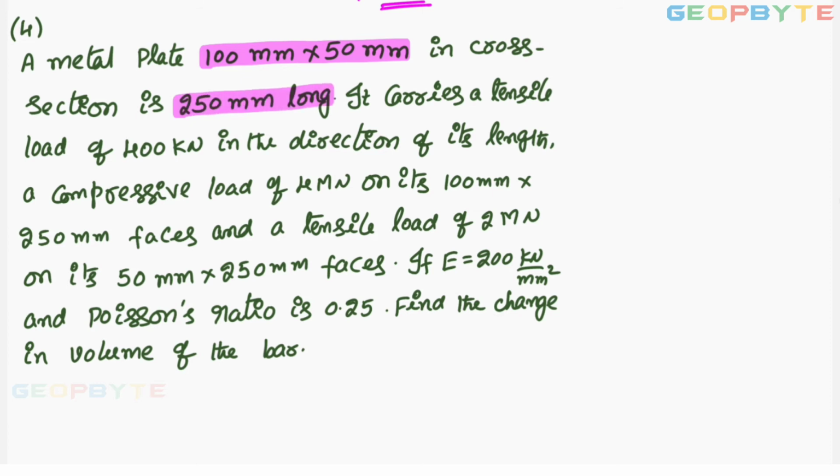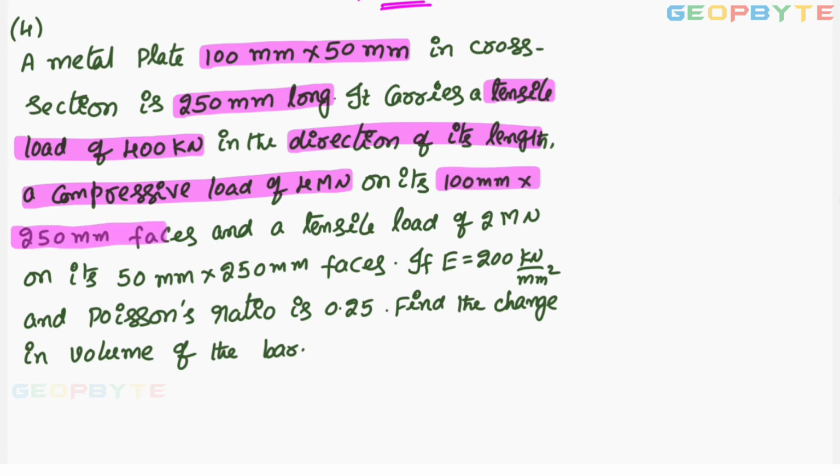It carries a tensile load of 400 kilonewtons in the direction of its length, a compressive load of 4 meganewtons on its 100 mm into 250 mm faces, and a tensile load of 2 meganewtons on its 50 mm into 250 mm faces. Young's modulus is given as 200 kilonewton per mm square. Poisson's ratio is given as 0.25. Find the change in volume of the bar. That is the given problem.